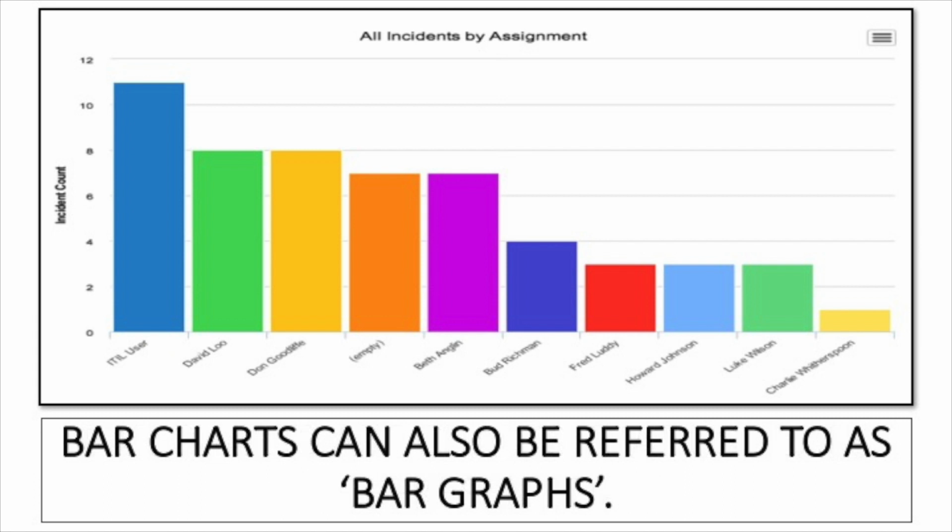Bar charts can also be referred to as bar graphs. So don't be confused. If you hear bar chart or bar graph, it's the same thing. So some people call them charts, some people call them graphs, both the same.